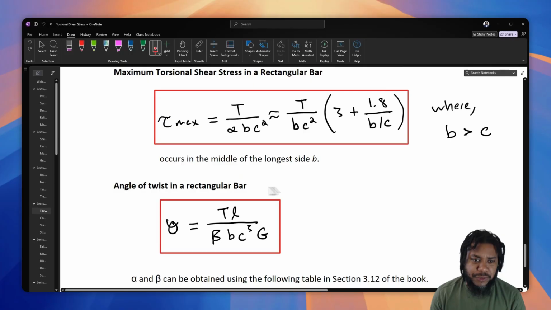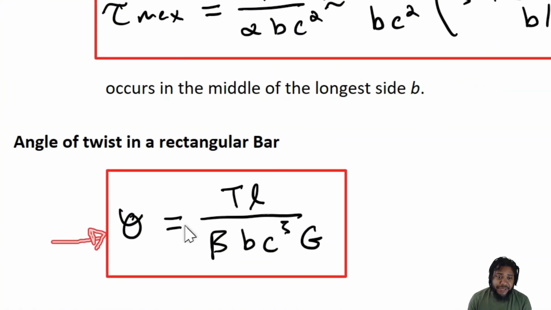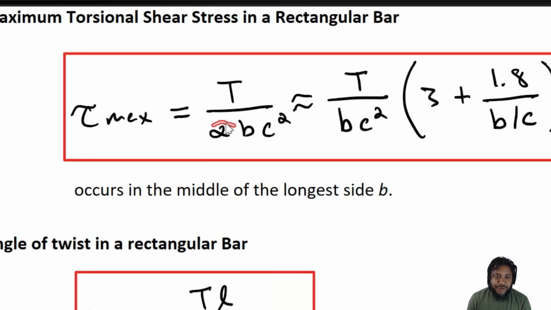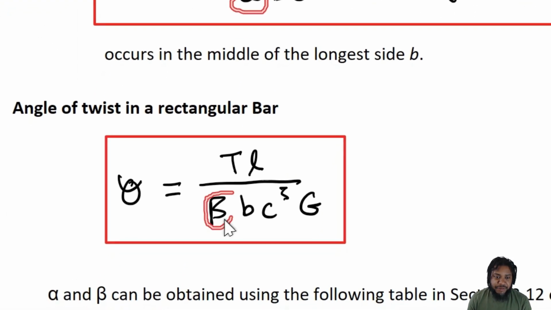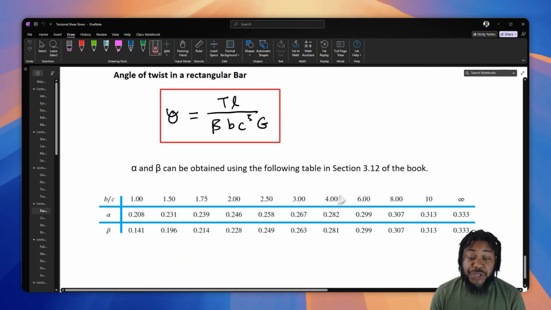Now the angle of twist, another simplification, we can say the angle of twist theta is equal to the torque times the length of the member divided by beta, which is a parameter, times b times c cubed times G, which is the shear modulus of our material. Now the parameters alpha and beta can be obtained using a lookup table provided in our book.